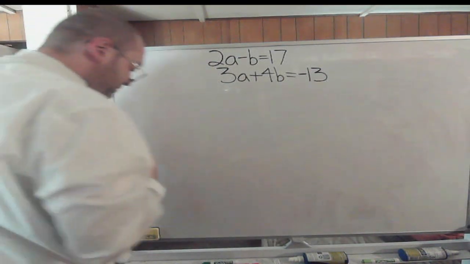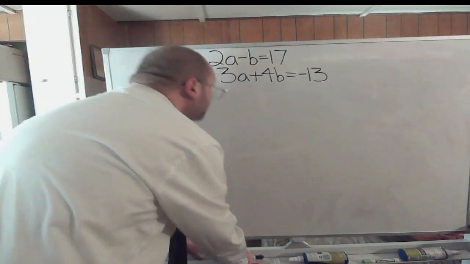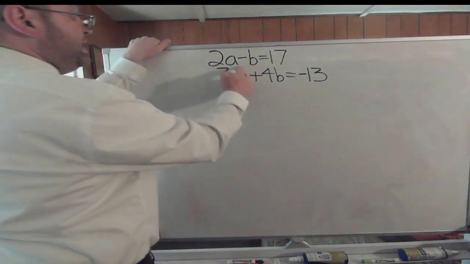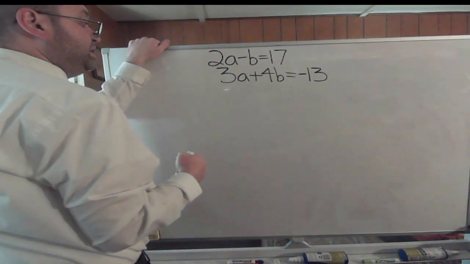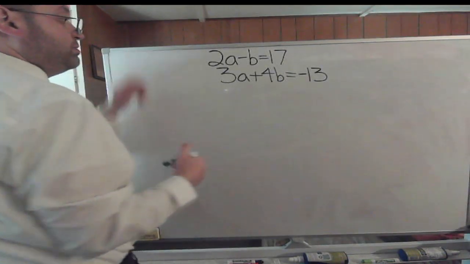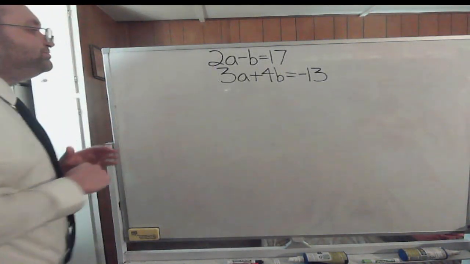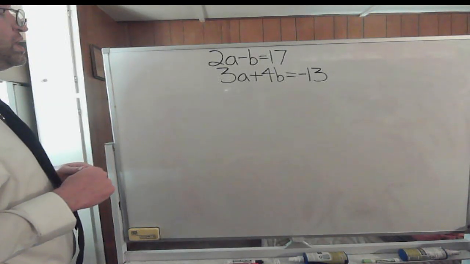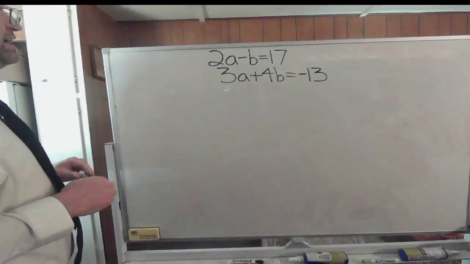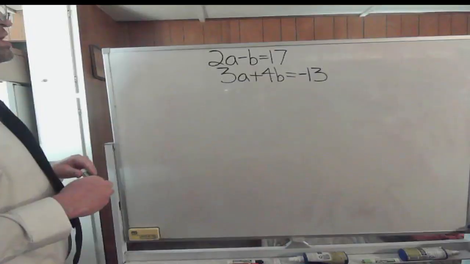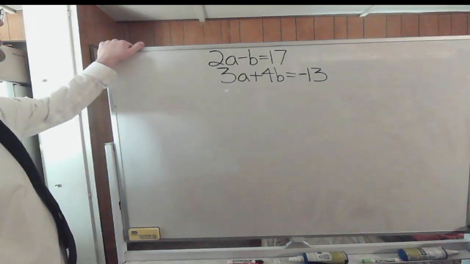So in this system of equations, we have 2a minus b equals 17, then 3a plus 4b equals negative 13. Well, what we have here, we still want to do it by substitution.